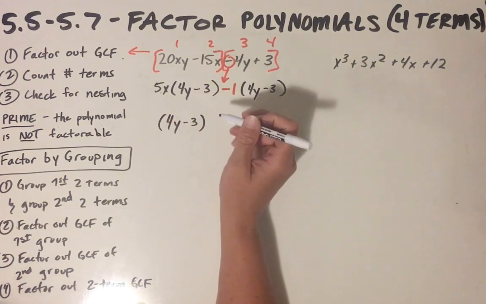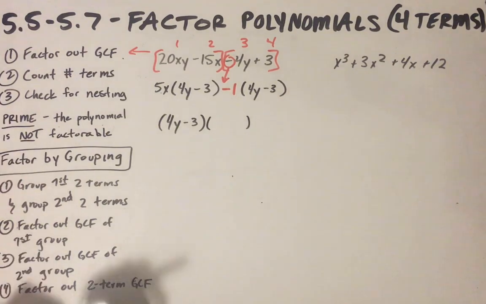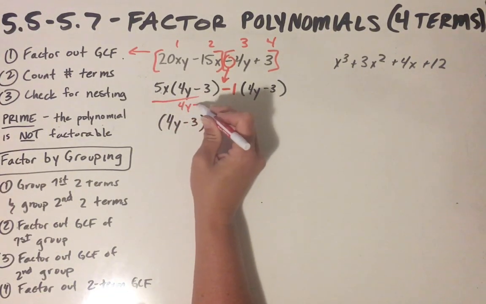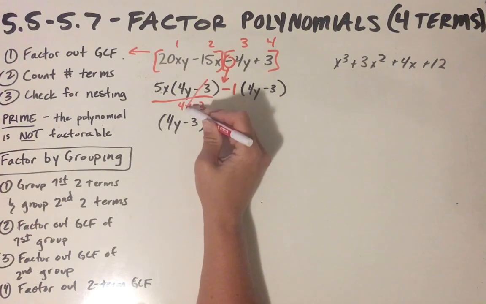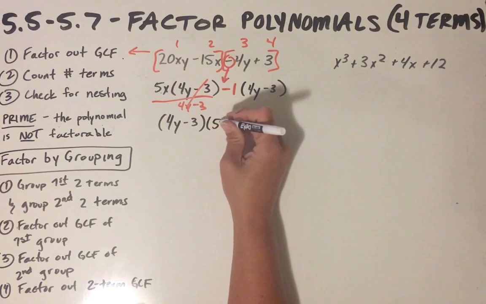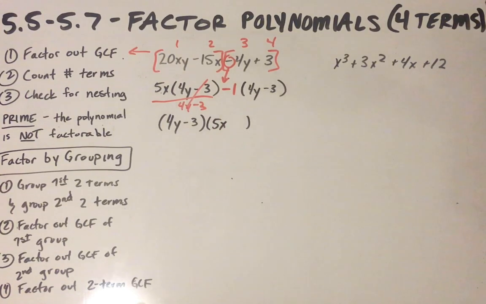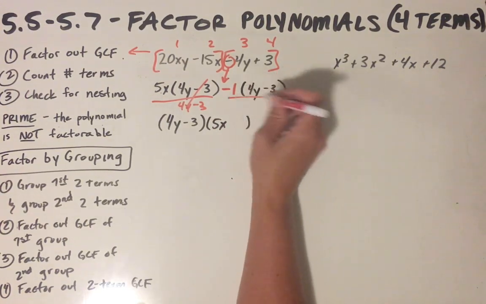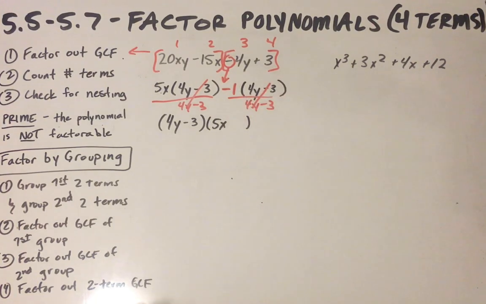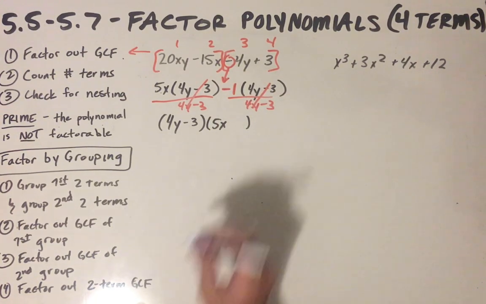Now I need to talk about what's left. If I divided this by 4y minus 3, which is what the GCF is doing, this would cancel and I'd be left with 5x. And if I divide this term by 4y minus 3, those cancel and I have a negative 1 left.